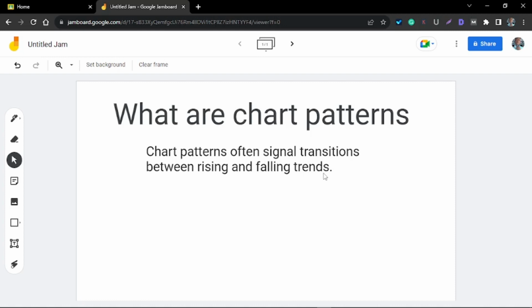So once you see each of these chart patterns, they are telling you that the market is either about to change direction or about to continue the direction it's traveling. When I start showing each of these chart patterns, you will get an easier understanding of what I mean by chart patterns showing you the direction of the market.